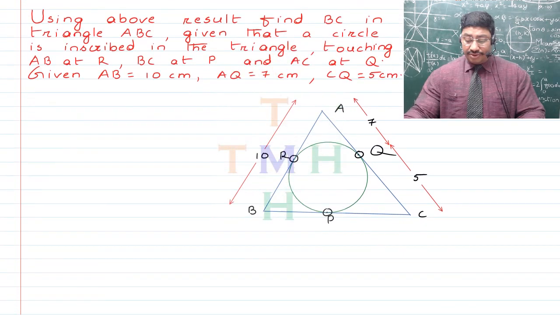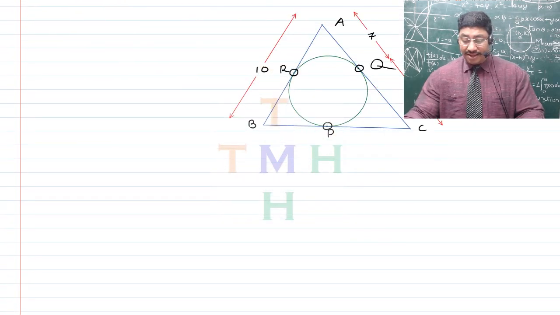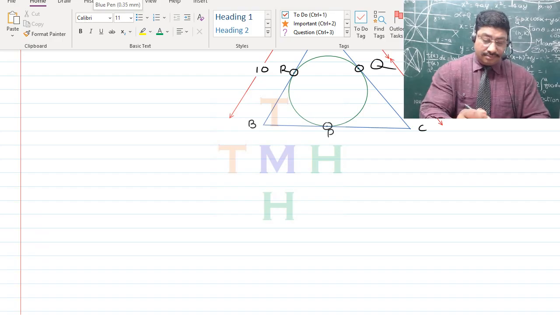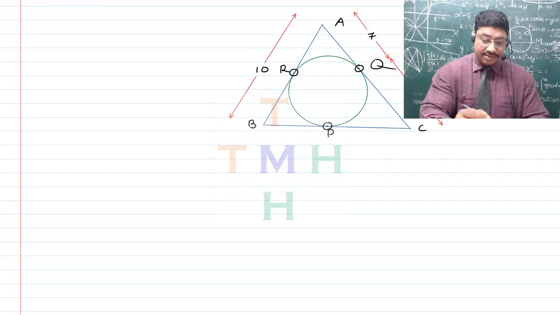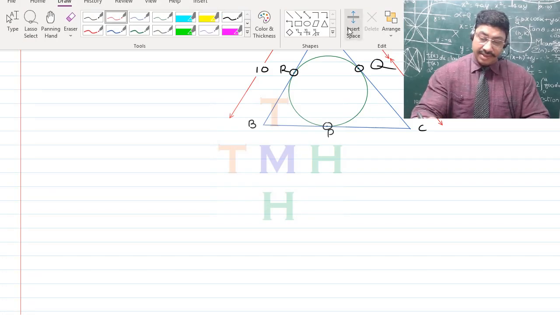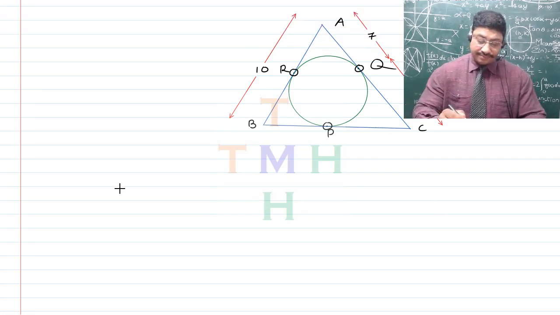Okay, so here let's make another figure. Let's say now that we have two straight lines, and we also require a circle. So let us consider that we have a circle, say something like this.